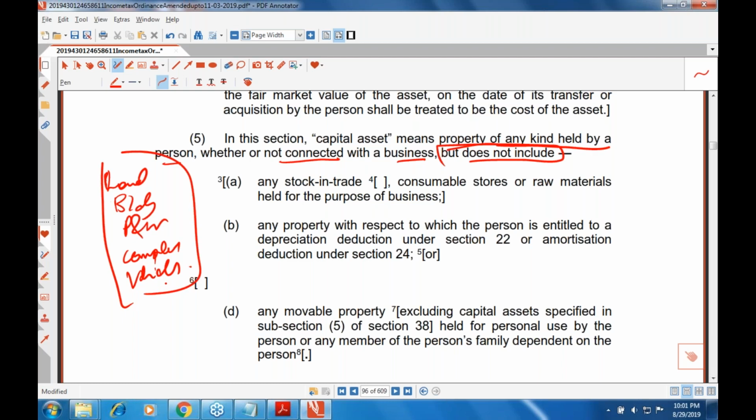So, property of any kind. Now what do you mean by property of any kind? Property of any kind means immovable or movable, both.